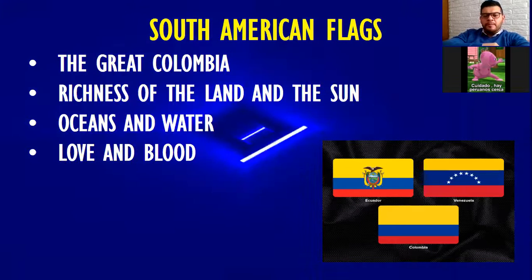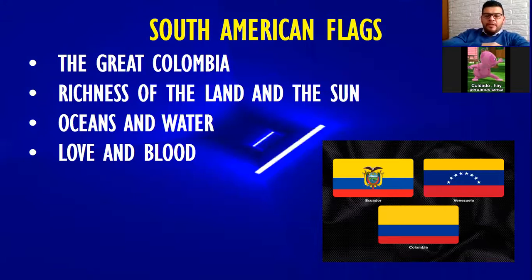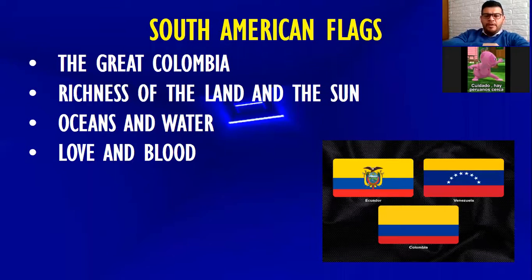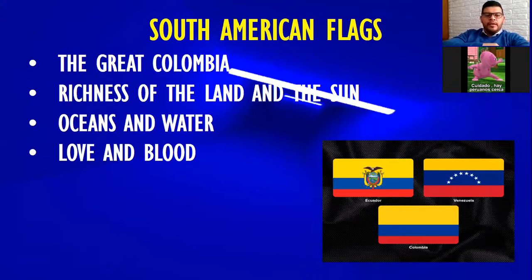And this country was formed by Ecuador, Colombia, obviously, and Venezuela. Later, when the Great Colombia got its independence, they separated into different countries that nowadays we know as Ecuador, Venezuela, and Colombia. So that's the reason why they share the same colors, yeah?